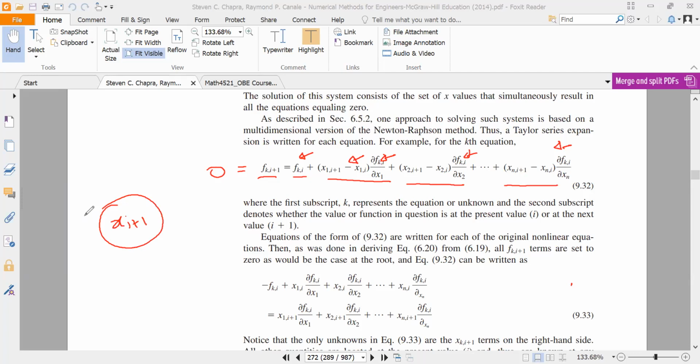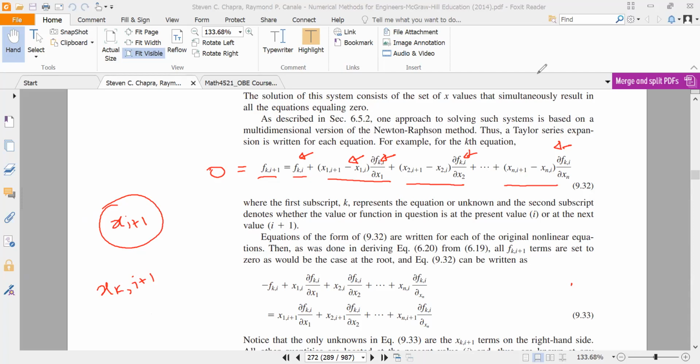Now the question is that we have to set this side equal to 0 and solve for x k i plus 1, for k equal to 1, the first variable, k equal to 2 for the second variable, and so on.